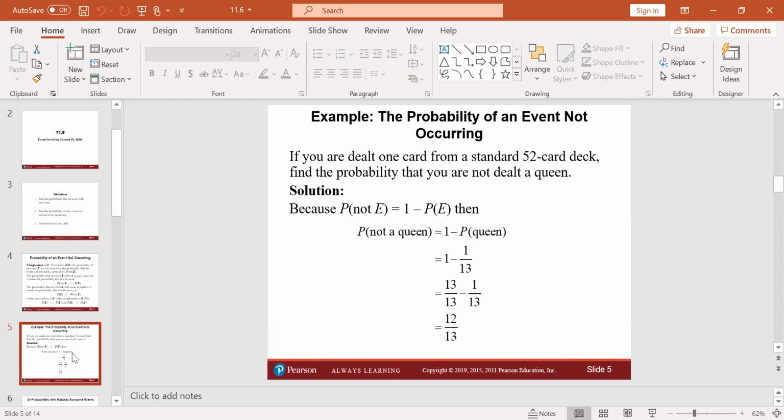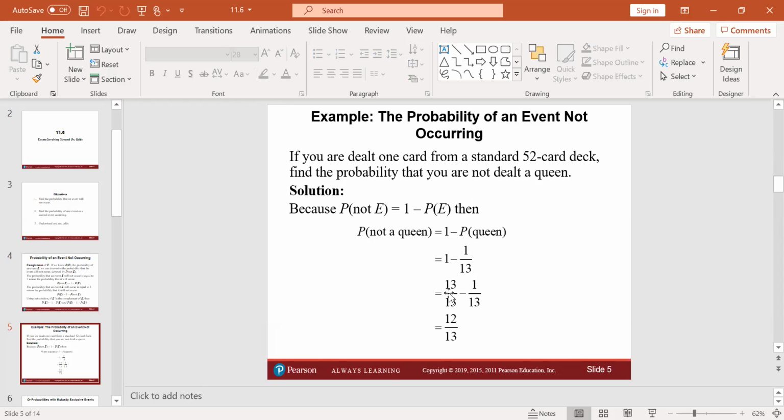If you are dealt one card from a standard 52 card deck, find the probability you are not dealt a queen. Well, the probability you will not be getting a queen is 1 minus the probability you will be getting a queen. The probability you'll get a queen is 1 out of 13. There's 4 queens out of 52. 4 over 52 reduces to 1 out of 13.